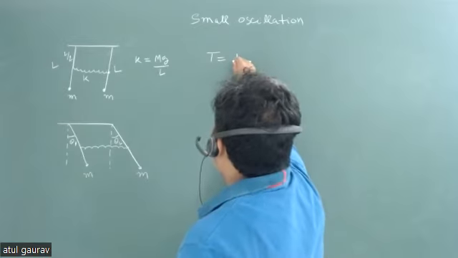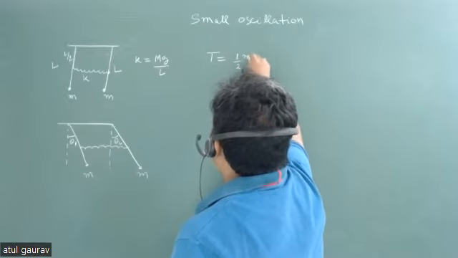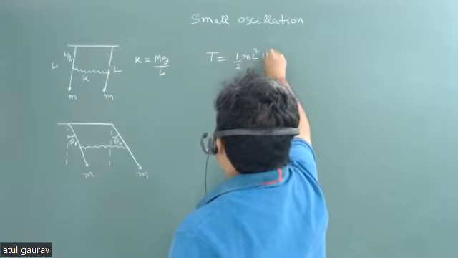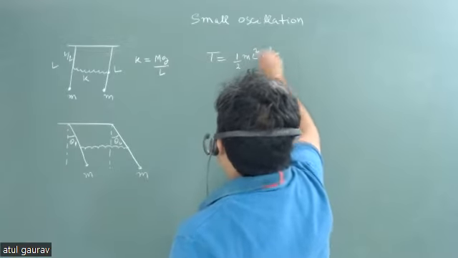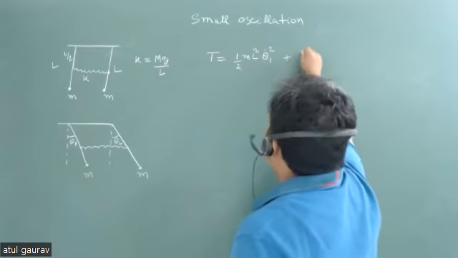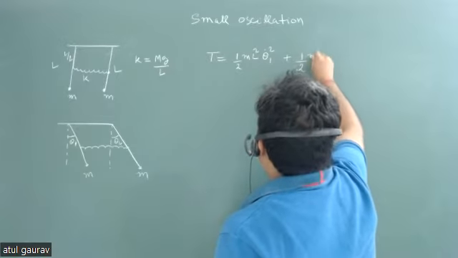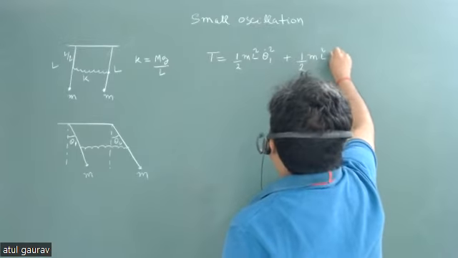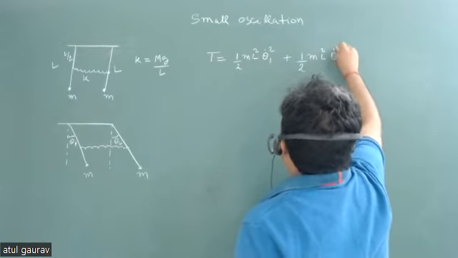Kinetic energy will be half m L square θ1 dot square plus half m L square θ2 dot square.